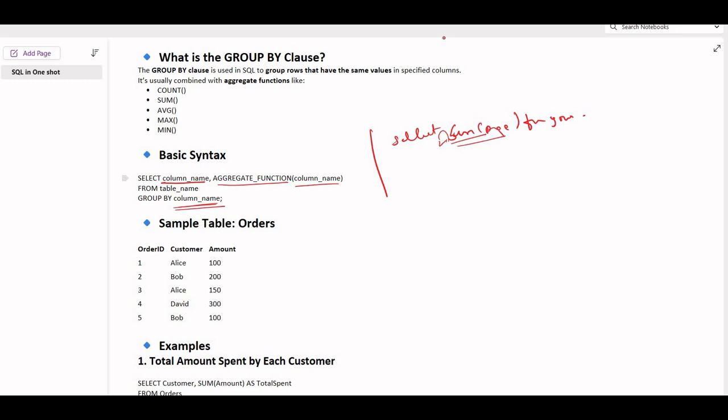If there is any other column along with an aggregate function, you have to group by that column, because it groups the rows that have the same values.